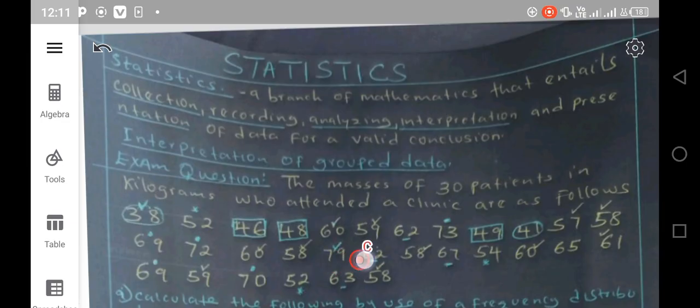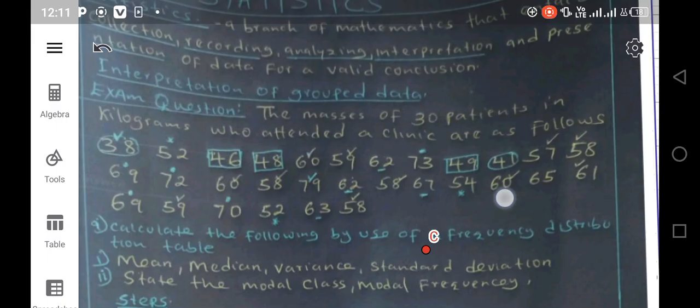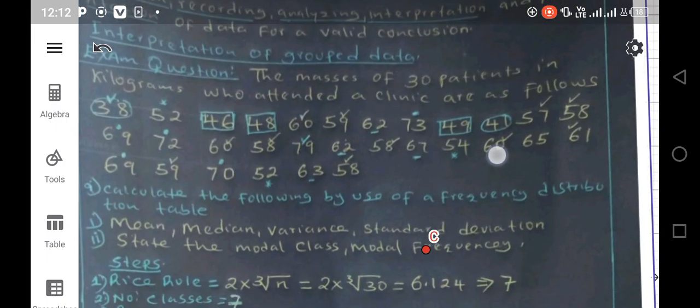We have 79, 62, 58, 67, 54, 60, 65, 61. We have 69, 59, 70, 52, 63, 58. Those are the masses of the patients who attended that particular hospital or clinic in that particular day.